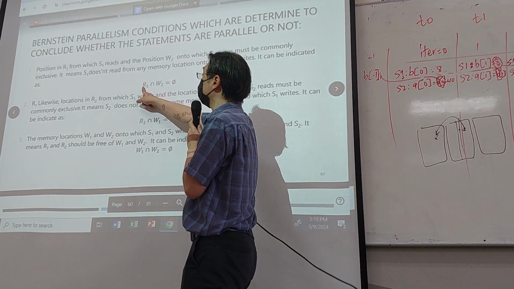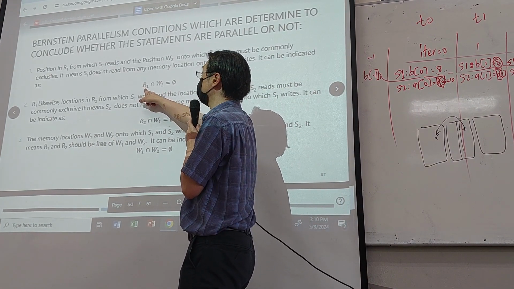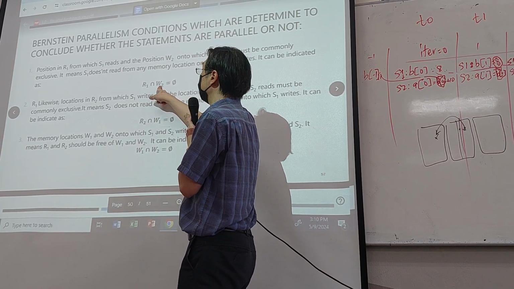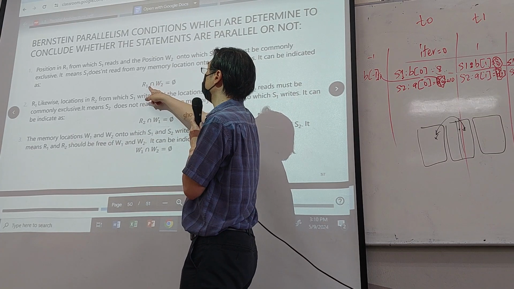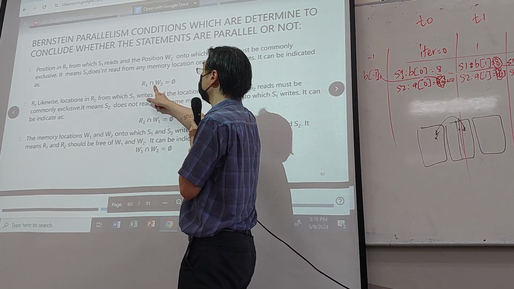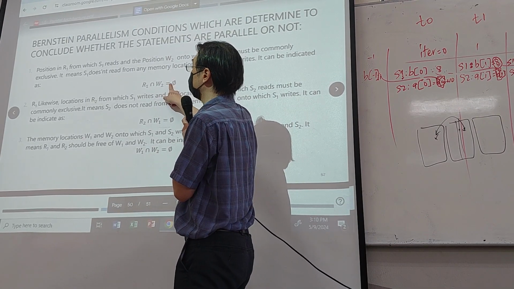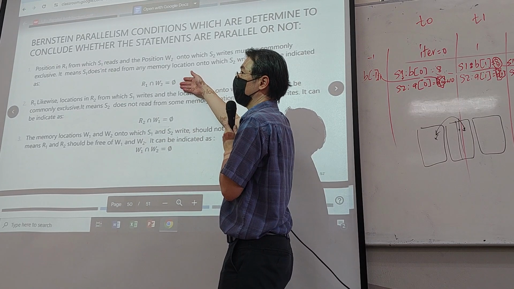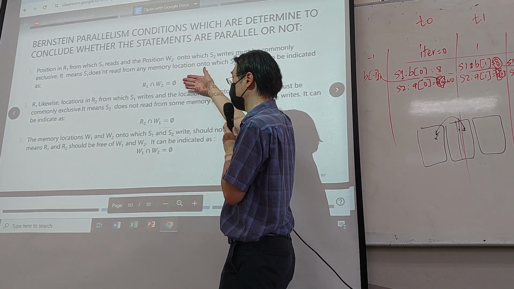The read set of the first statement and the write set of the second statement cannot overlap. If it is non-overlapping, the intersection must be empty. If you have this kind of result, that means it passed the first condition. That means you can run in parallel.